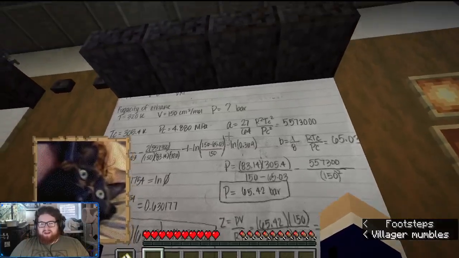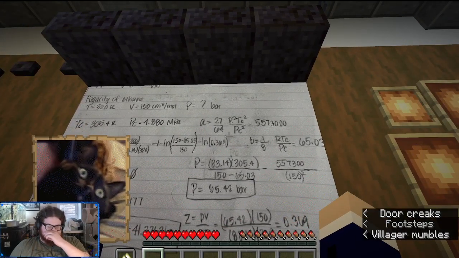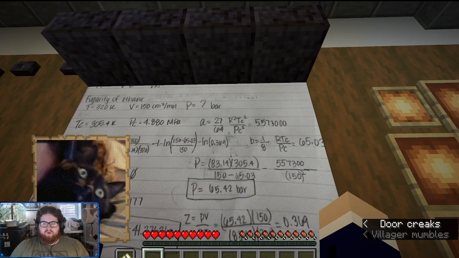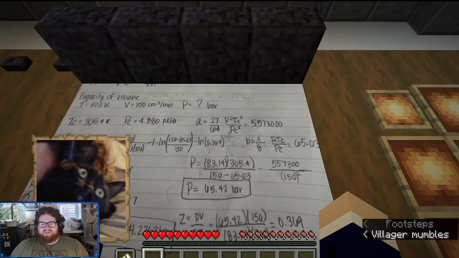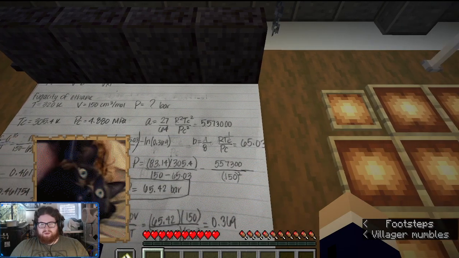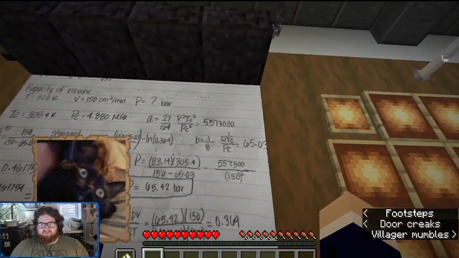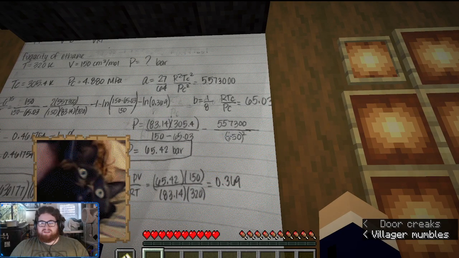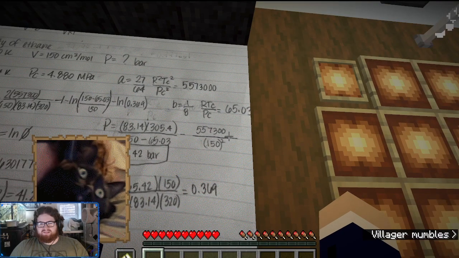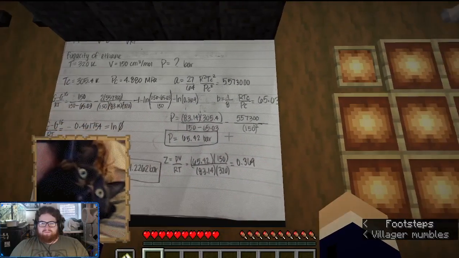We'll be able to find a using the equation 27 divided by 64 multiplied by R squared Tc squared over Pc, and for that, we get a very large number. We get b is equal to 1 over 8 R Tc over Pc, which is equal to 65.3.